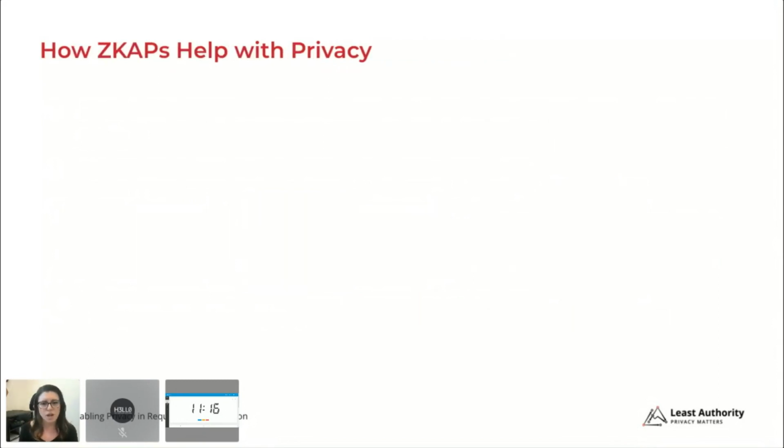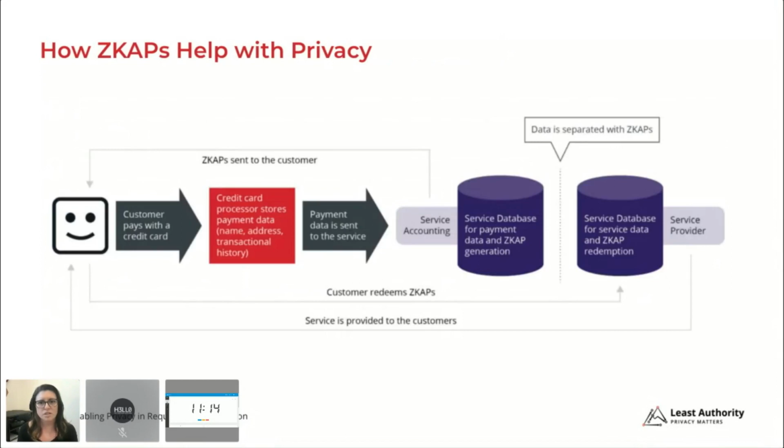And so how ZCAPs help here, you can see a similar drawing, but things have changed where we've separated those two collections of data. The database for the payment data, that personal data with payments, is separated with the ZCAPs, the zero-knowledge proofs being there, from the actual service usage data.